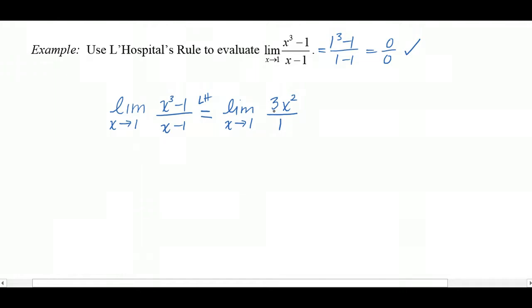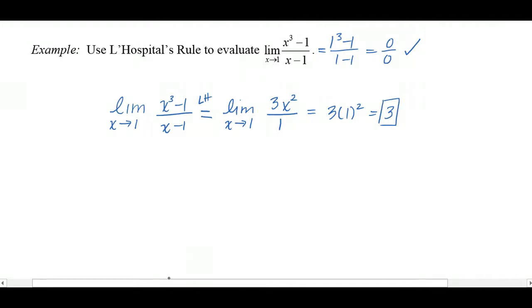So the limit as x approaches 1 of just 3x squared, because over 1 is the same as just 3x squared, well, I can just go ahead and plug in the 1. So 3 times 1 squared over 1 is just 3. So the limit here is 3. So that's a lot easier than trying to factor the numerator and cancel the factored version of the numerator with x minus 1 in the denominator. We can just say that the answer is 3.